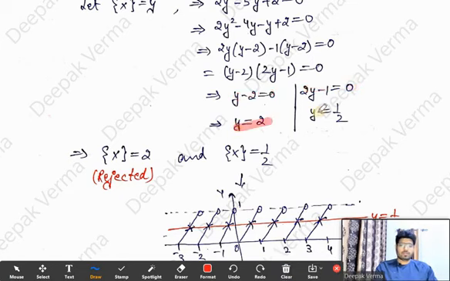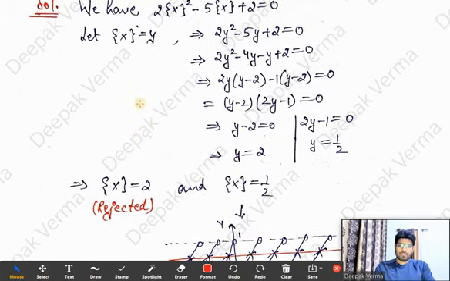We get y equals to 2 or y equals to half. Got it? But y is equal to fractional part of x. Earlier in the question, we supposed fractional part is equal to y. Look. But we know that fractional part lies between 0 and 1.